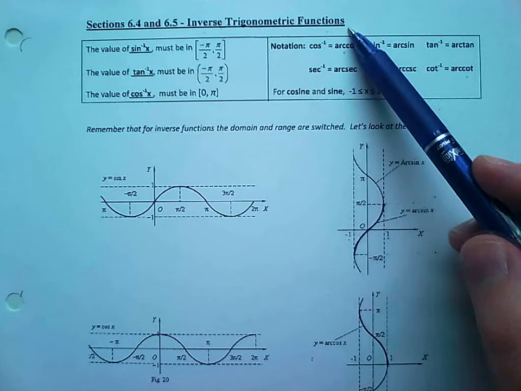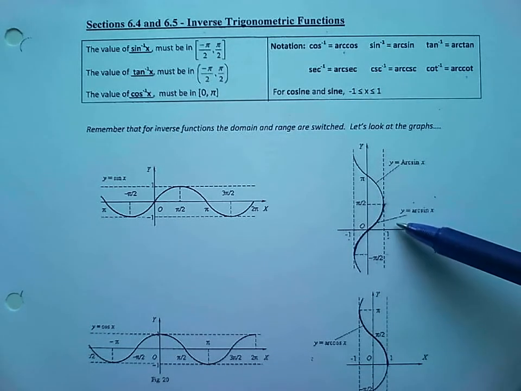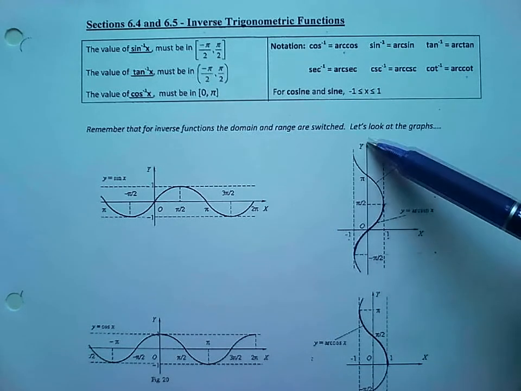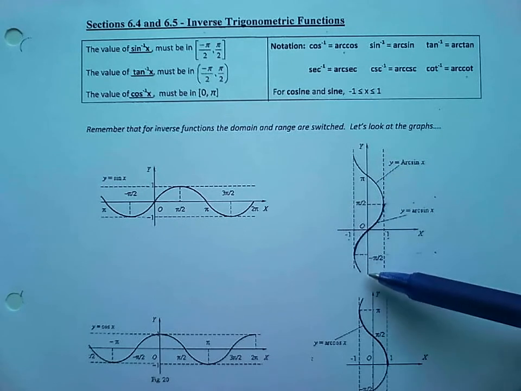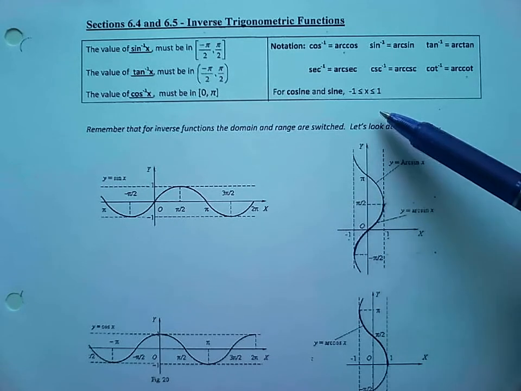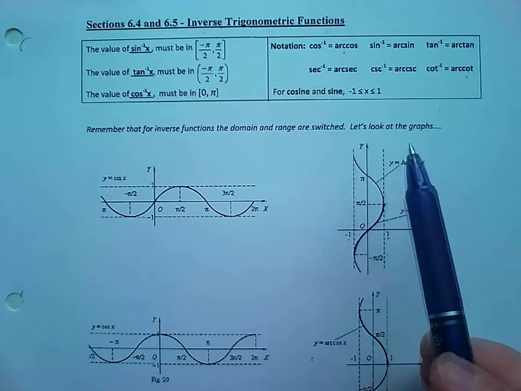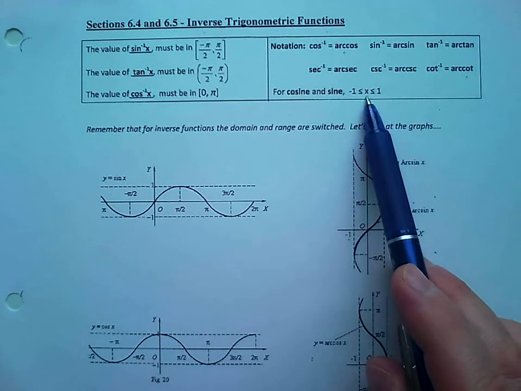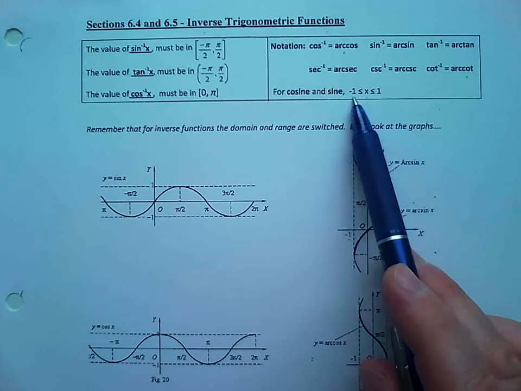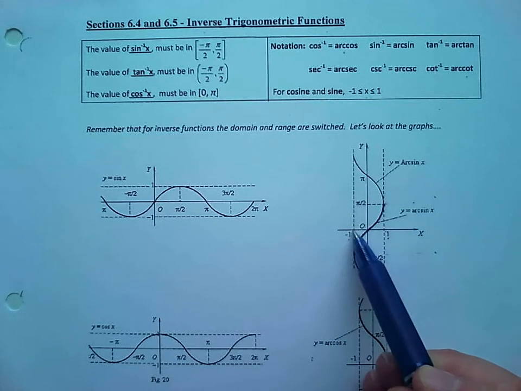So in order to be a function, this arc sine needs to pass the vertical line test. If we draw a vertical line here, we can clearly see that it does not pass the vertical line test.